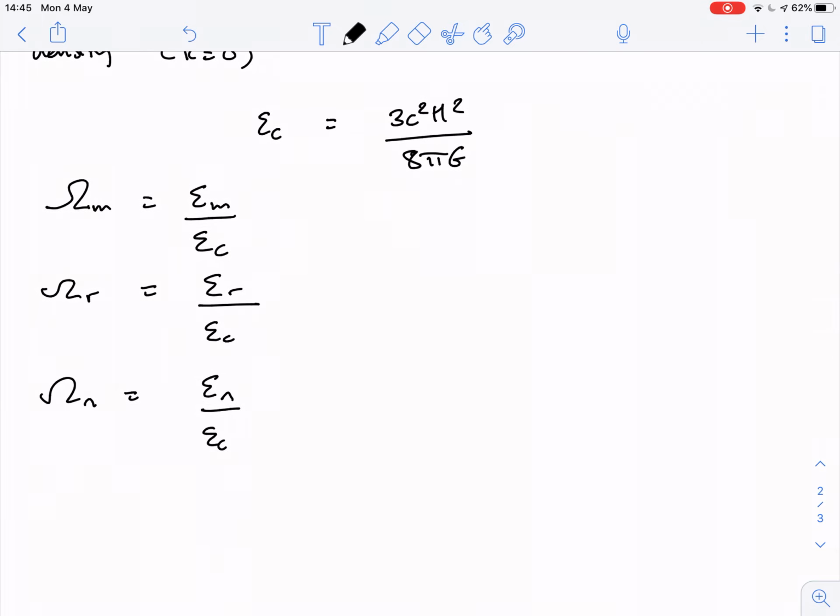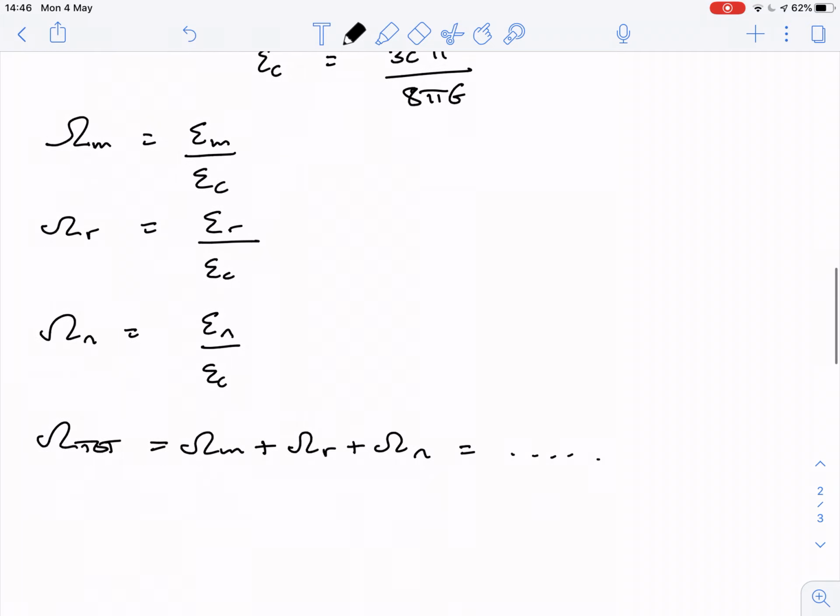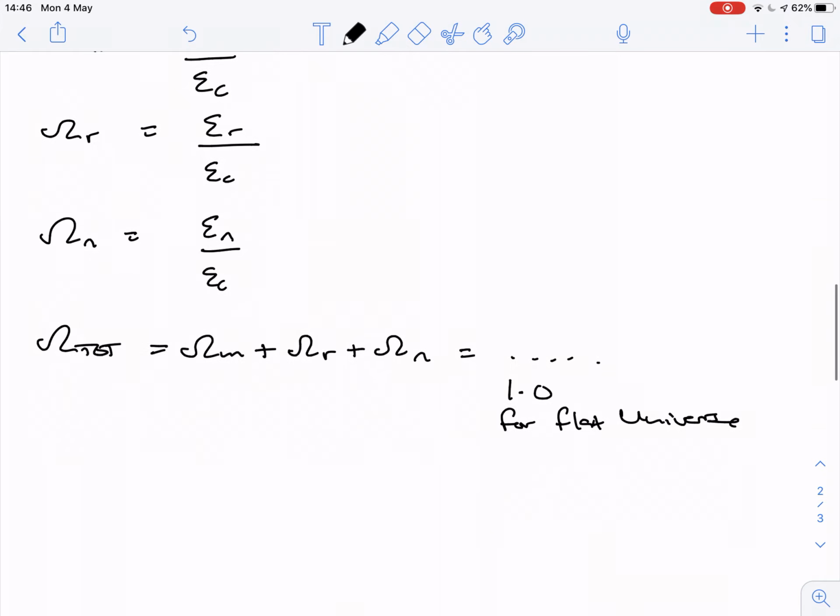And so, omega total is equal to omega m plus omega r plus omega lambda is equal to some number. We don't know what that is necessarily. It's equal to 1.0 for a flat universe. We don't know that the universe is necessarily flat.